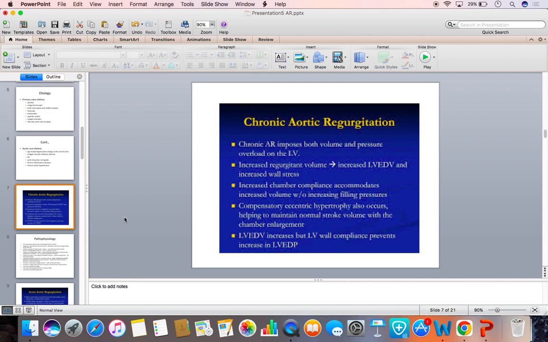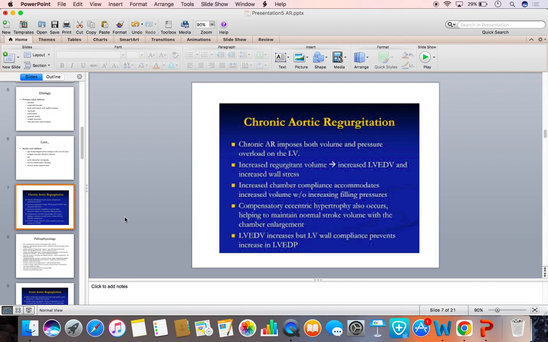That results in an increased stroke volume, which is equal to the volume of the regurgitated blood plus the regular ejection volume.